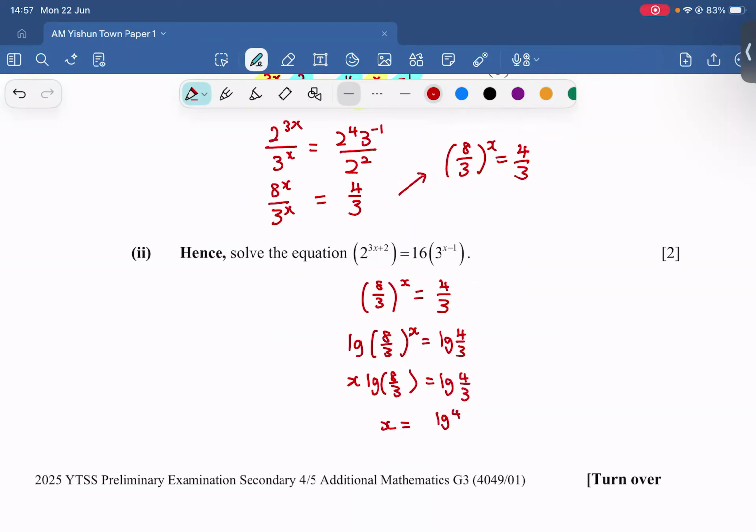So it's just this divided by this. Okay, press your calculator. You get 0.293. Okay, any questions so far? I hope you have already done this before. Okay, next.